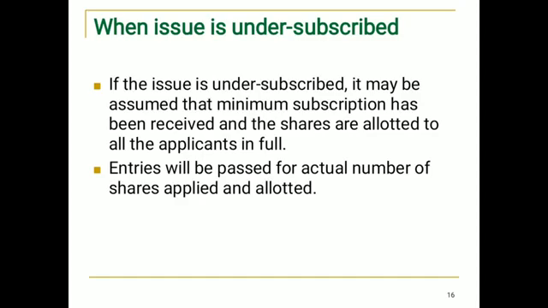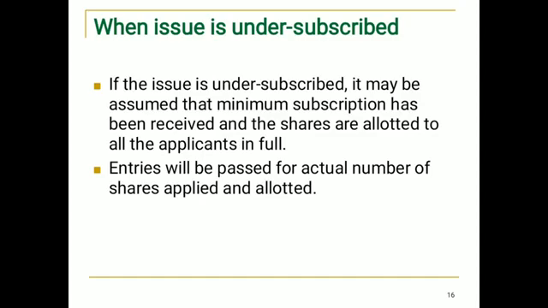So entries will be passed for the actual number of shares applied and allotted. The journal entries that you are going to write in this case, you will consider the number of shares applied and allotted, not the number of shares issued. Number of shares issued were 30,000.